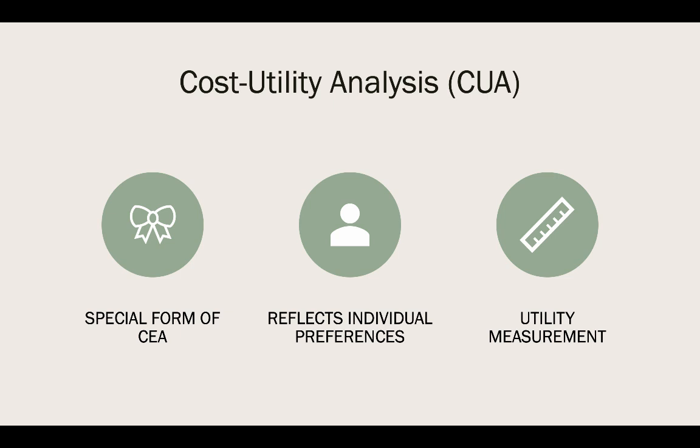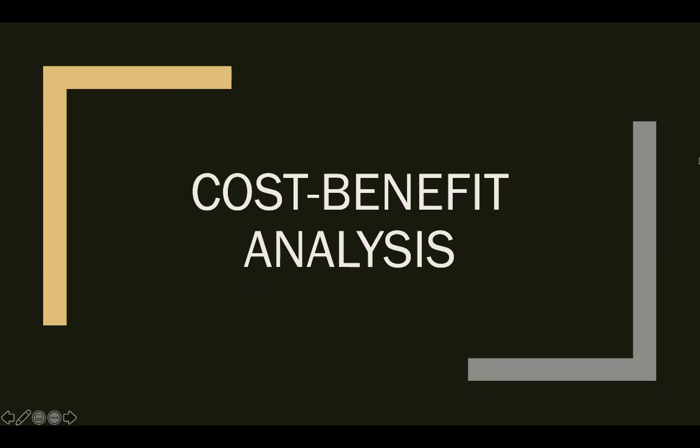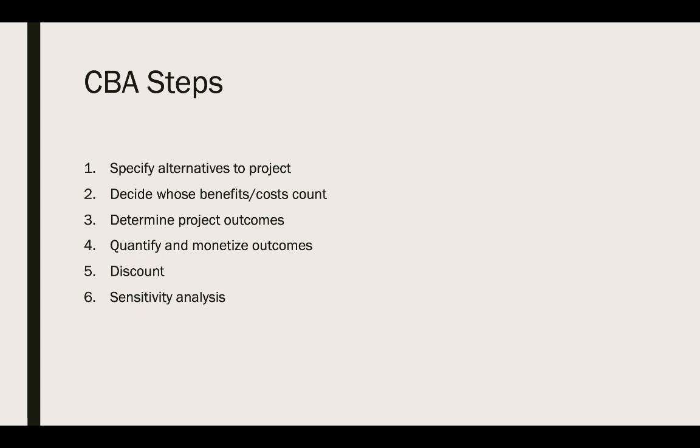And then we're pulling in utility measurements, utility being a measure of well-being, a measure of happiness. So cost utility analysis, just an offshoot of cost effectiveness analysis, where we take into account individual preferences. But today we're going to focus on cost benefit analysis, just that monetary cost versus benefits, and our anticipated program. Where do we come out?